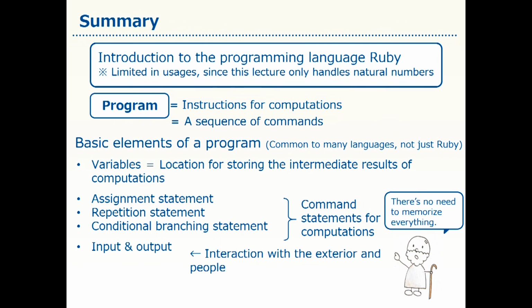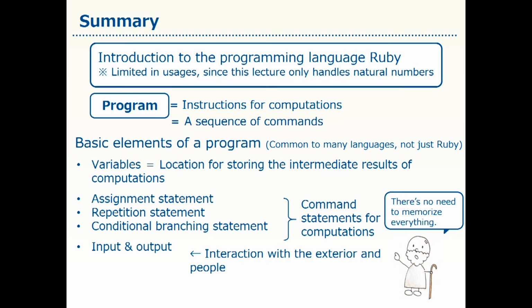Let's summarize. We did a basic introduction to the programming language Ruby. We are limited in the usage since this lecture only handles natural numbers. But I think this was a decent introduction to what a program is. Program is instructions for computations, a sequence of commands.